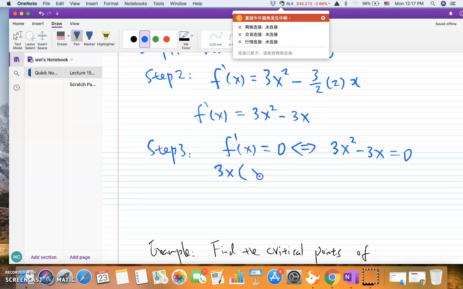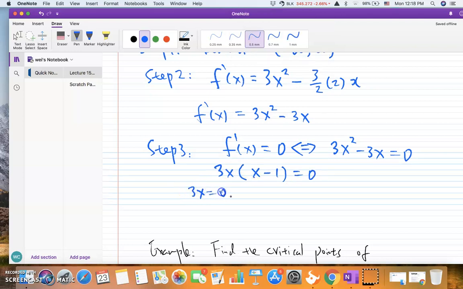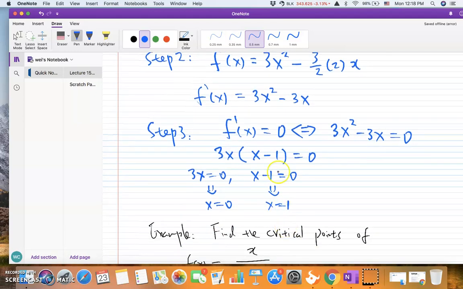So we have 3x times (x minus 1) equals 0. So 3x equals 0 or x minus 1 equals 0. So x equals 0 and x equals 1 will make this equation equal 0. Therefore, the critical points are 0 and 1.